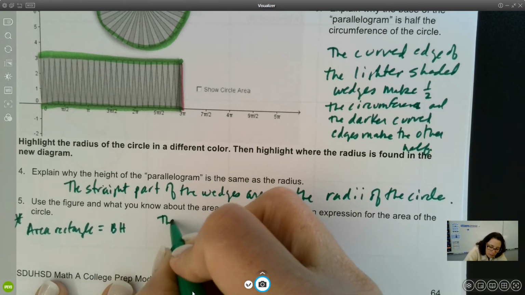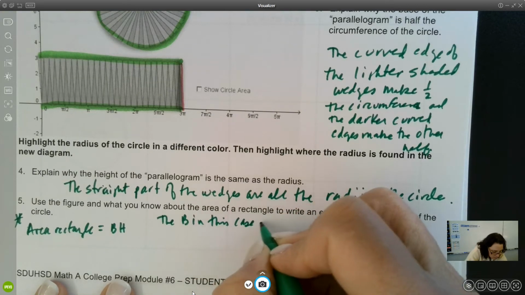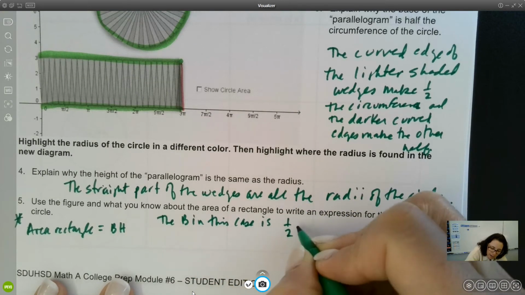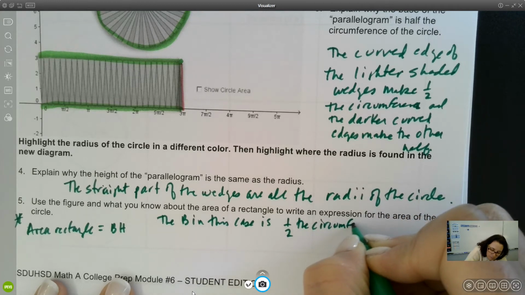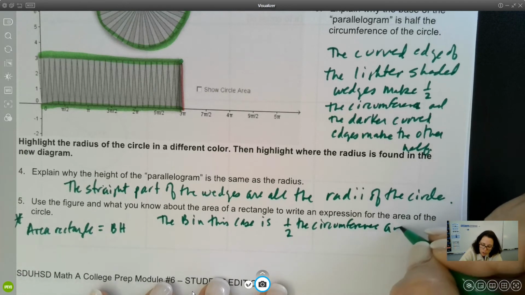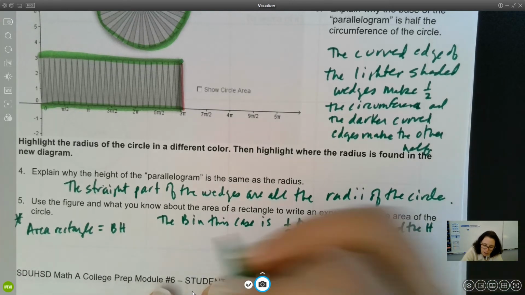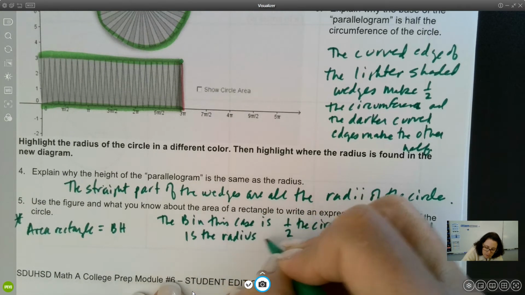The B in this case is half the circumference. And the H is the radius R.